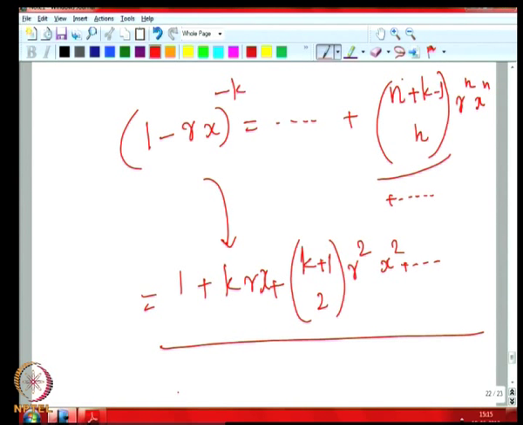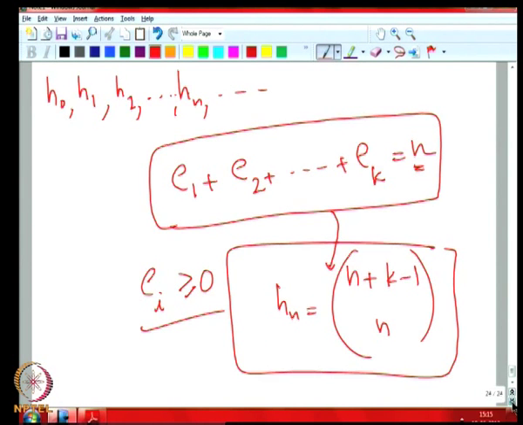Here we have to put r equal to 1, because we are only interested in this thing. So 1 minus x to the power minus k will be the answer.